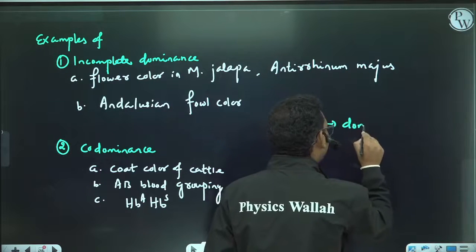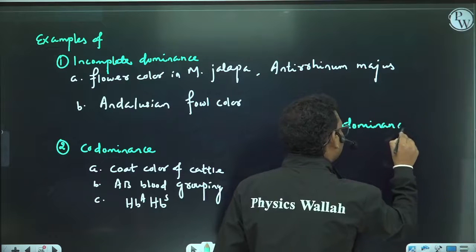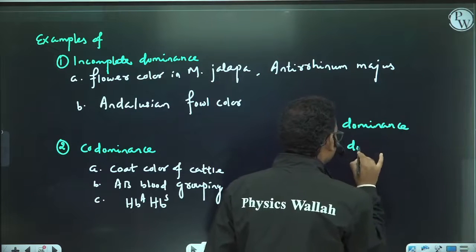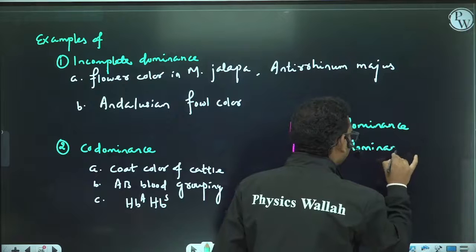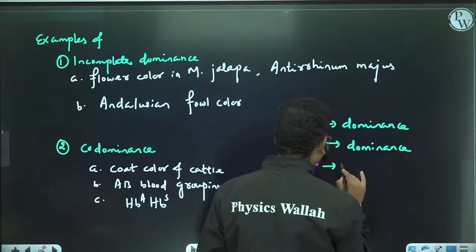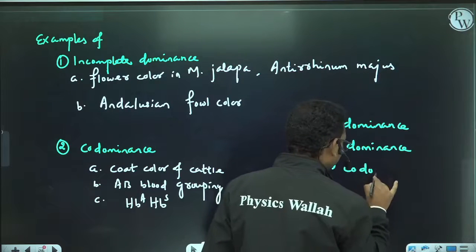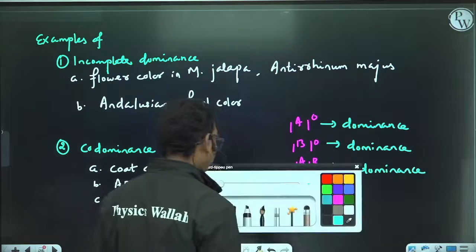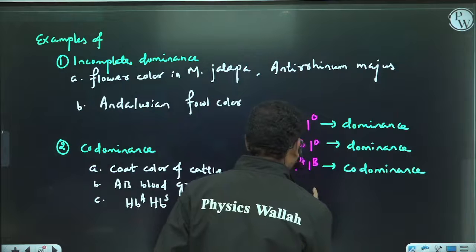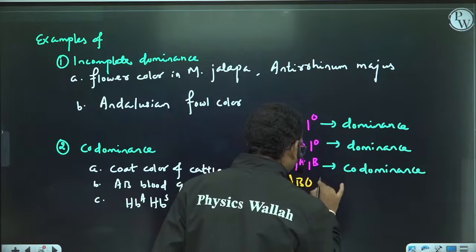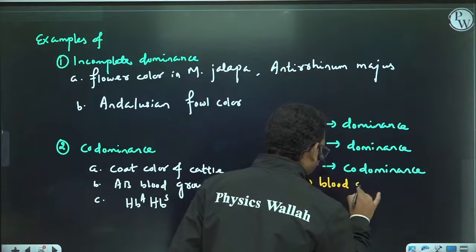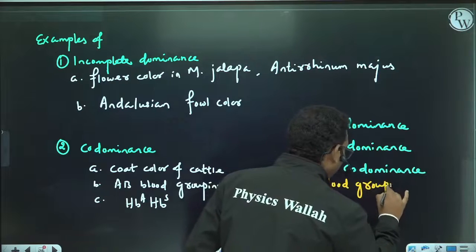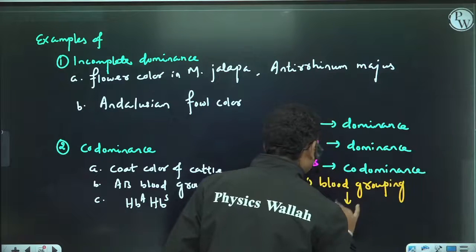This is the example of dominance. And this one is the example of what? Codominance. That means you can say that ABO blood grouping shows what?